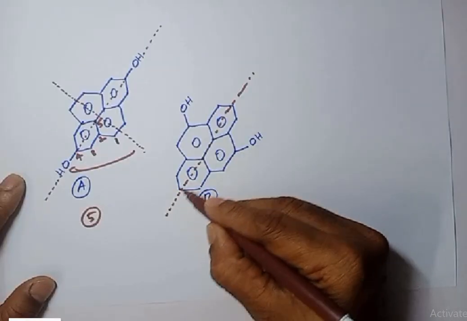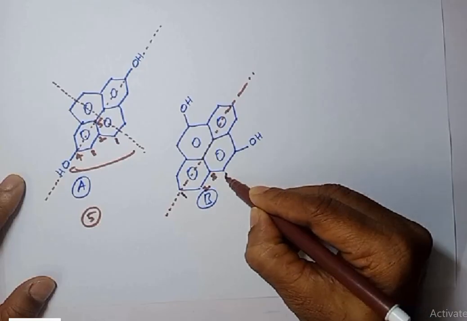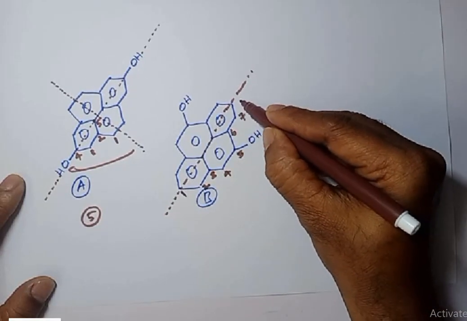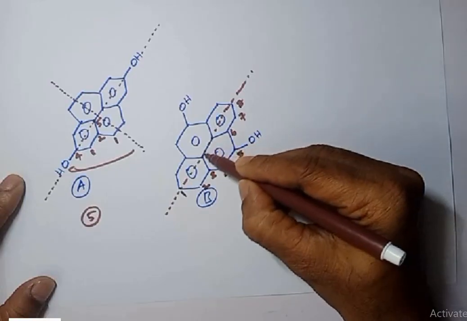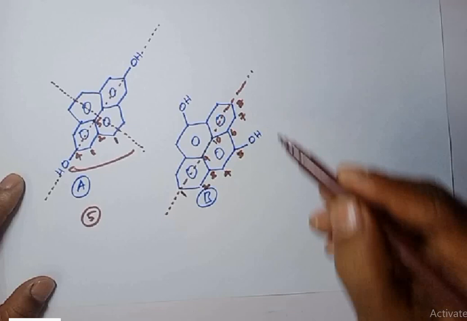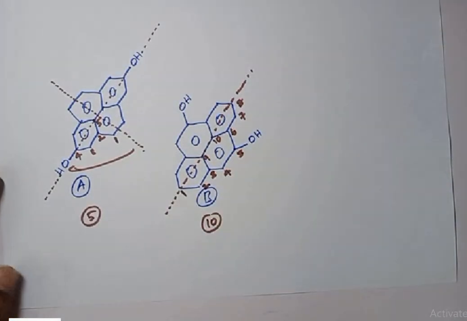This carbon is passing through the plane, you should count it. 1, 2, 3, 4, 5, 6, 7, 8. Then see, in the middle we have 2 carbons, that should be counted. 9, 10. Yes, in this molecule we have 10 magnetically non-equivalent carbons. So we get 10 signals in the C13 NMR spectrum of this compound.